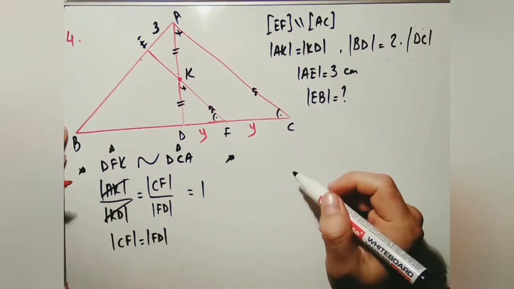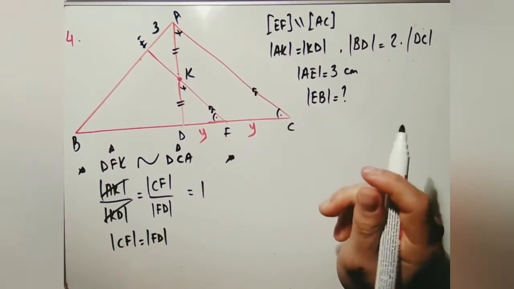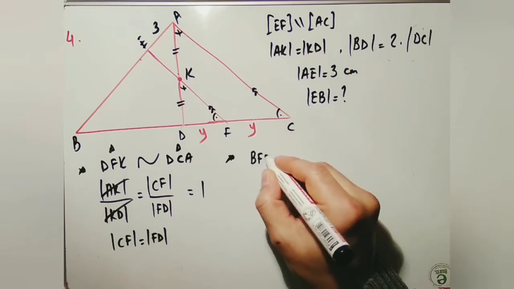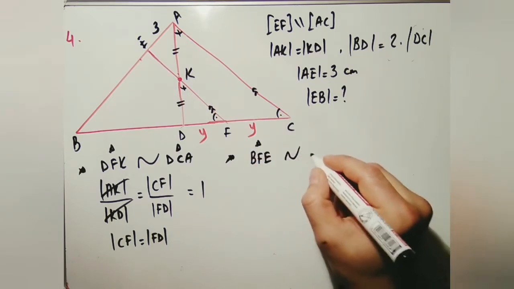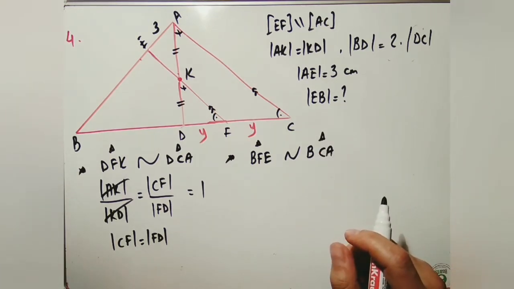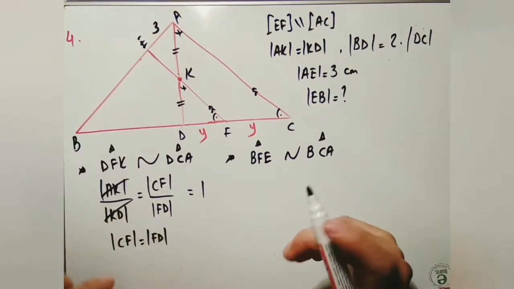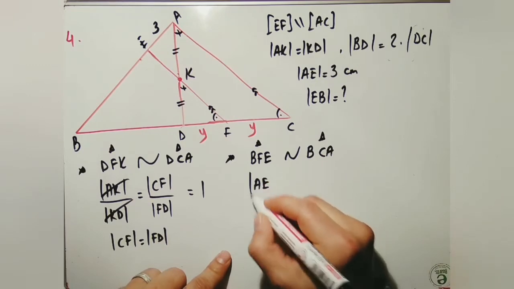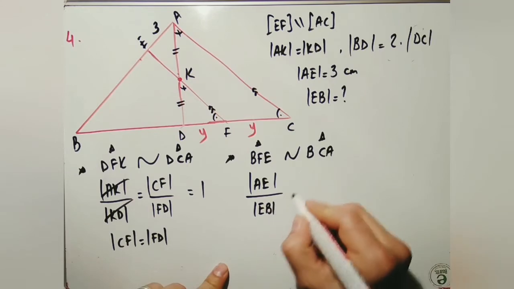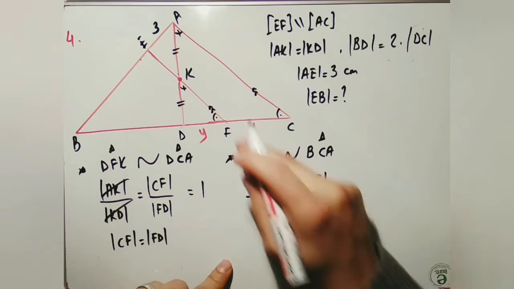And here, triangles BFE and BCA are also similar triangles. So we are going to apply the triangle proportionality theorem: AE over EB is equal to CF over FB.